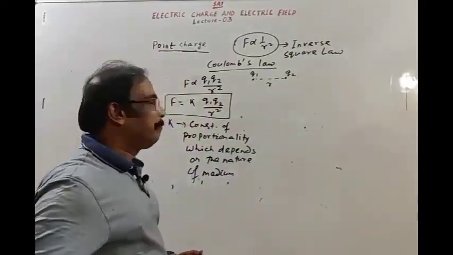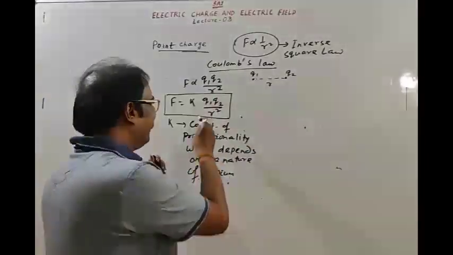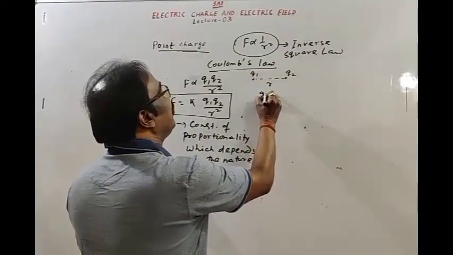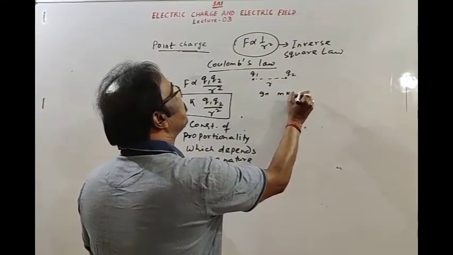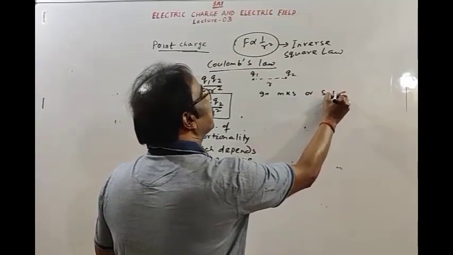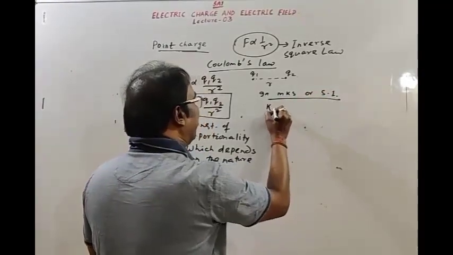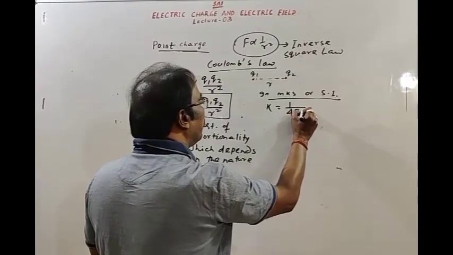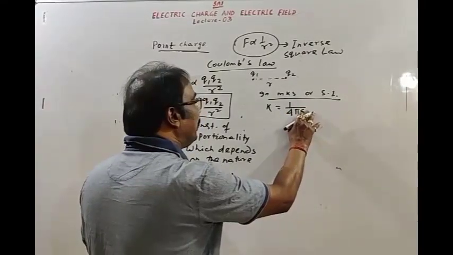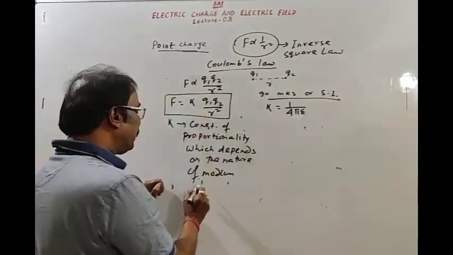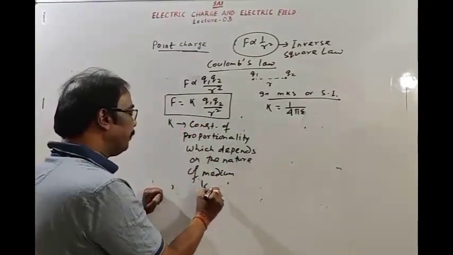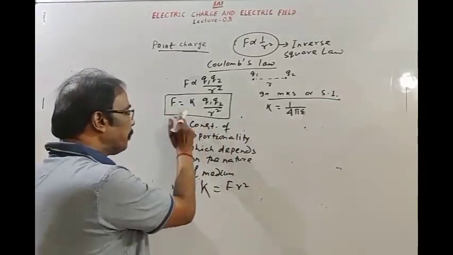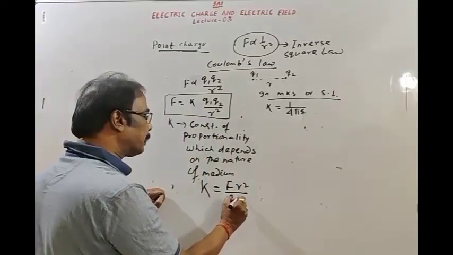Now first we will find what is K. K is a constant in MKS, or we may consider in SI. K is equal to 1 divided by 4 pi epsilon. But before that, what is the expression of K? The constant of proportionality is force into square of distance divided by the product of charges.